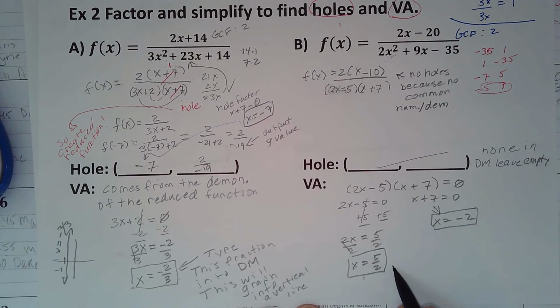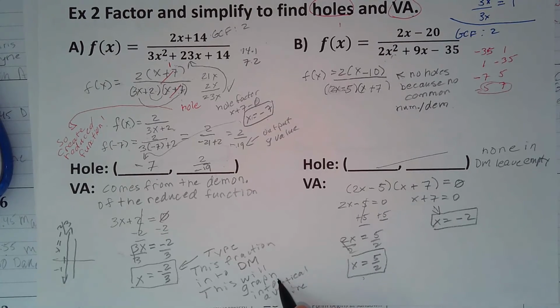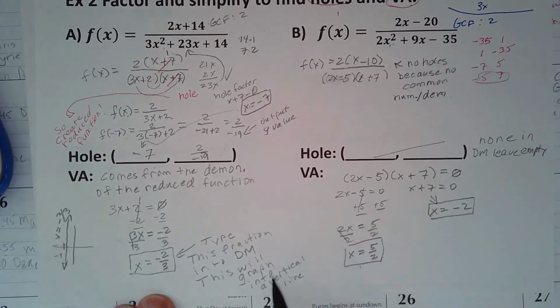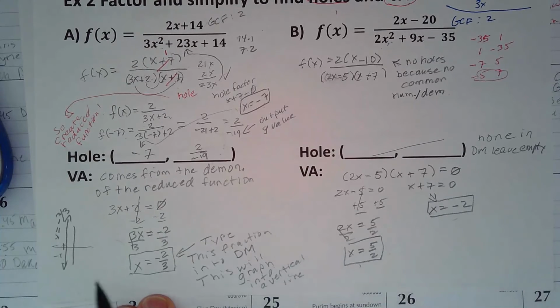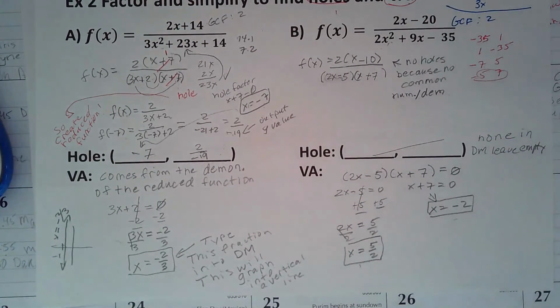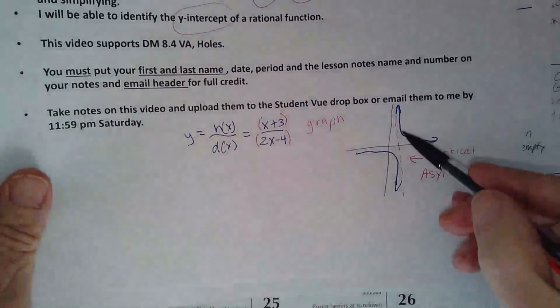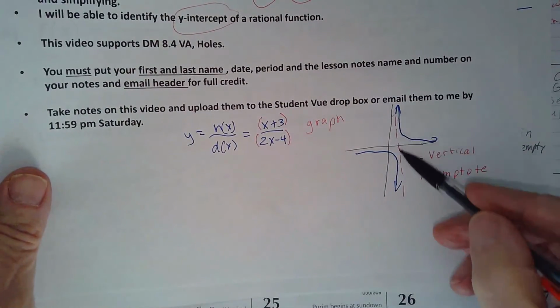So again, if you type these two x values into Delta Math, you're going to get what would be a vertical line. But remember, the vertical asymptotes are spaces where you would draw in your dashed vertical line, okay?